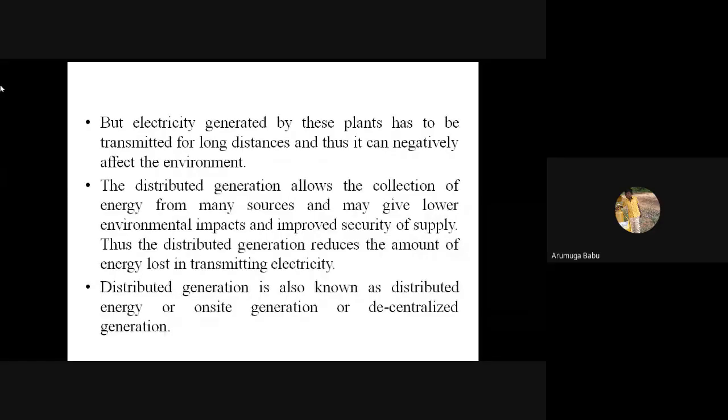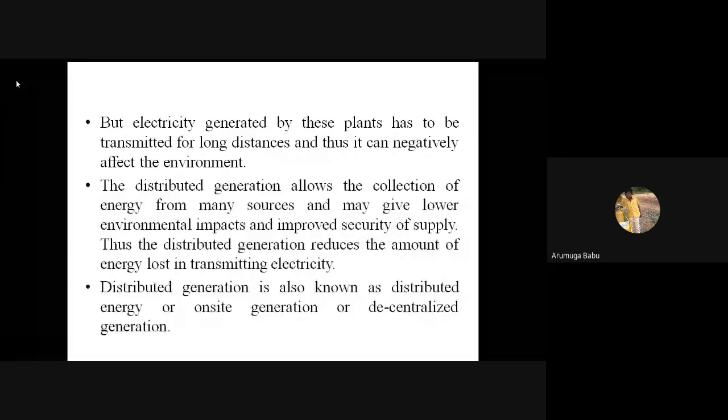So distribution generation allows the collection of energy from many sources and may give lower environmental impacts and improve security of supply. This distribution generation reduces the amount of energy loss in transmitting electricity. Compared to conventional power plants, distribution power plants are generated on the distribution side itself. So the losses are very less compared to the previous one.